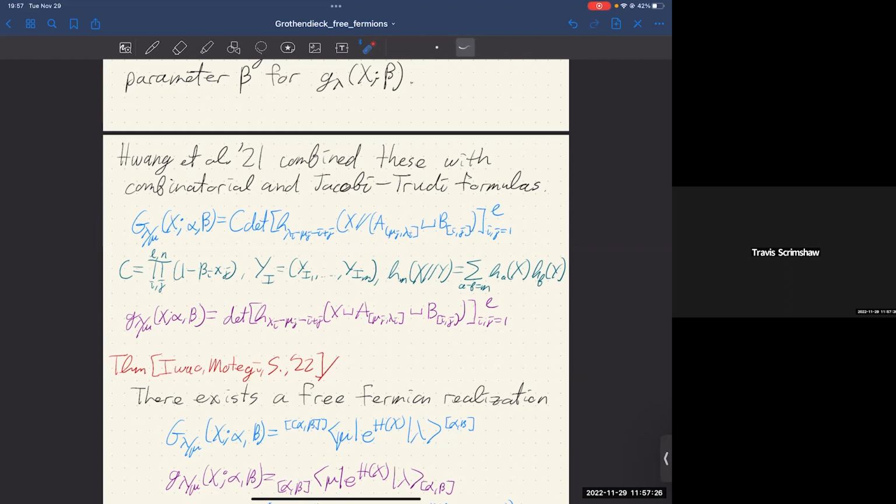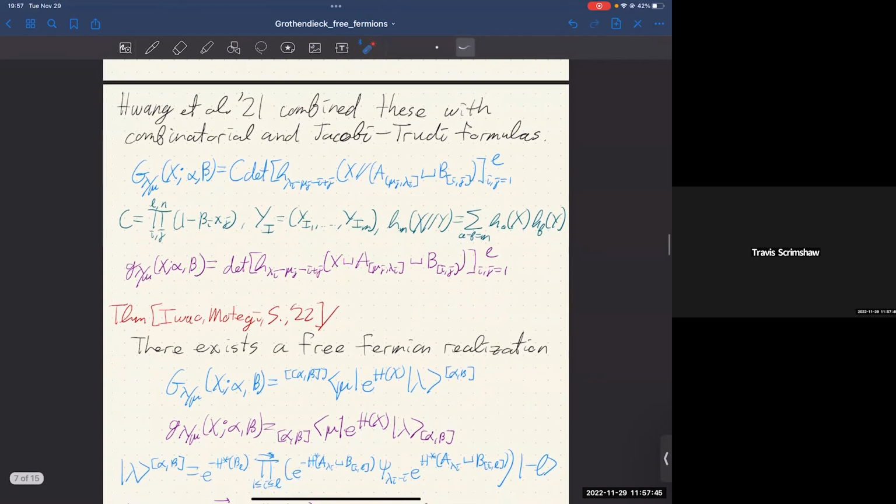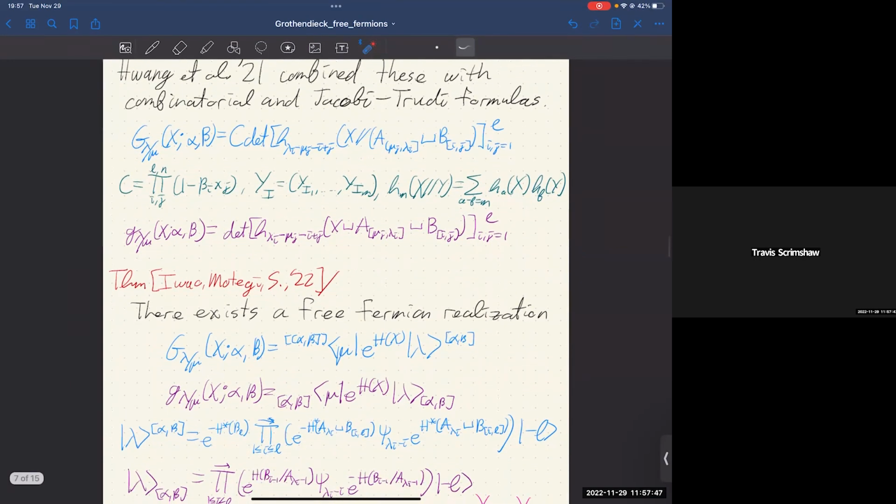So they're fairly complicated looking determinants, but not so horrible that all of the kind of symmetric functions and combinatorial data is really lost. So they should be still amenable to study.